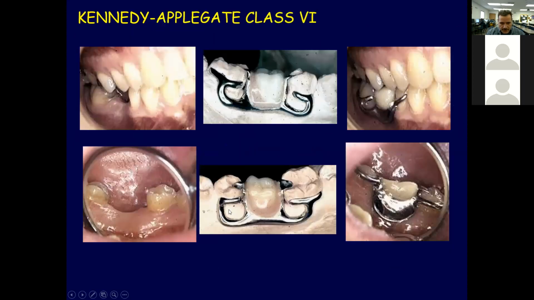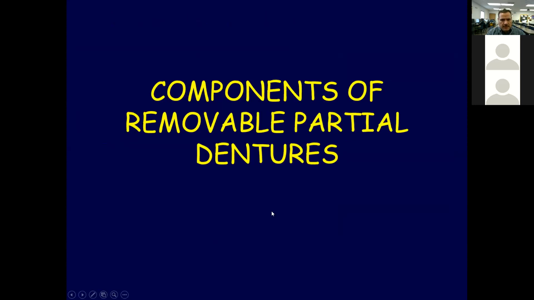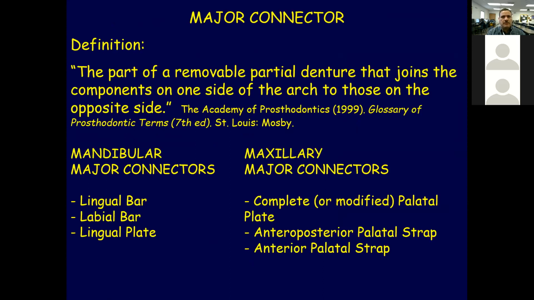This is the clasp. This is rest. Sometimes they call it rest and rest seat. And this is another clasp. And this is the base or fake teeth. We have a picture of it.